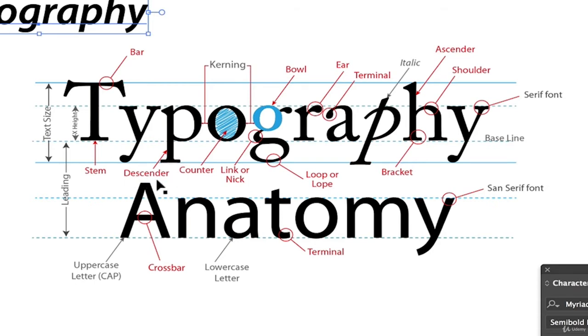We have the descender part, which is that part of our letter, and also for the H letter when it comes to that ascending part in here, and the distance between the very descending part and the very ascending part of our type will be resembling our text size, and the spacing between two lines will be called leading, and it will be measured from the baseline of that word all the way to the baseline of typography word.